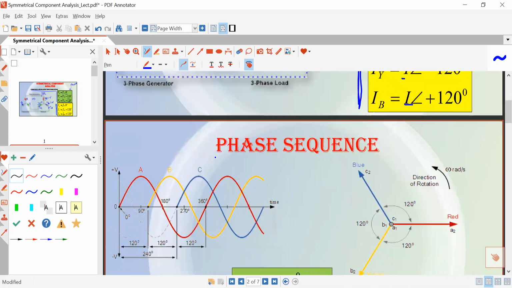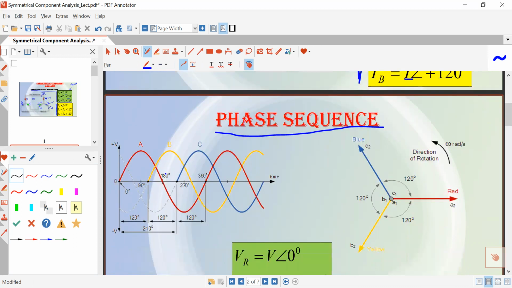Now the other thing which I discussed earlier is phase sequence. If a three-phase system is balanced, the basic concept is that the magnitude of phase voltage will be the same, and the angle between any two phase voltages will be 120 degrees, and when you draw the waveform you will get this type of waveform.